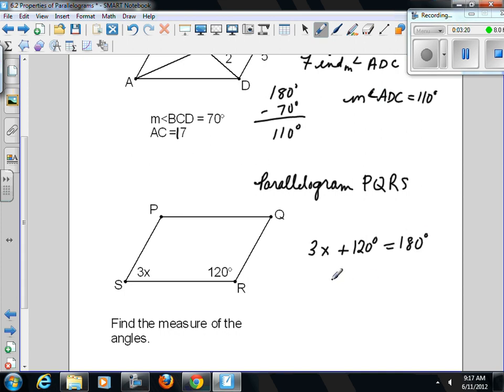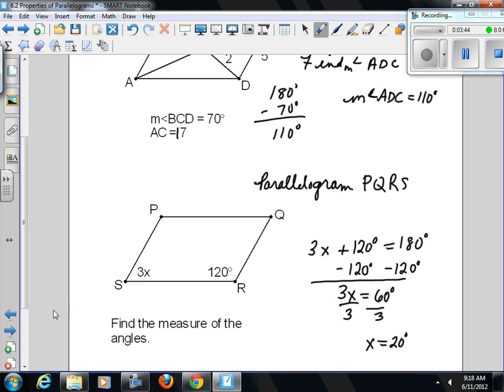So we've now got an equation. Let's go ahead and solve it. So we'll subtract 120 from each side, and we get that 3x is 60 degrees. Divide everything by 3, and we get that x is 20.